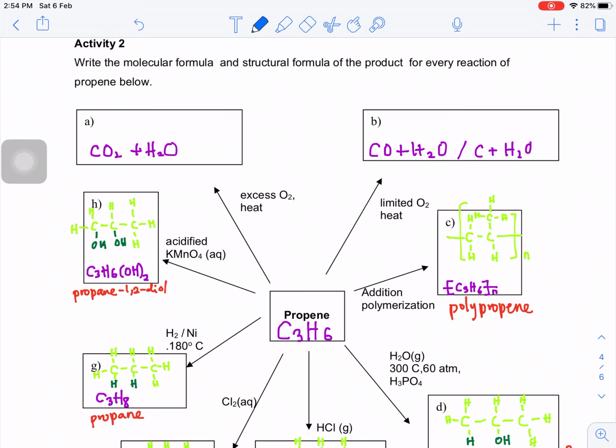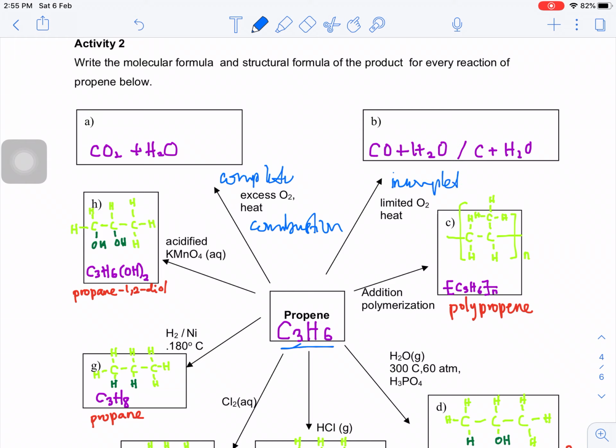Okay, so kita tengok sikit. Propene, formula dia C3H6. So, excessive oxygen heat ini adalah combustion. Okay. So, kalau kat sini adalah complete combustion. Yang ni limited pula.